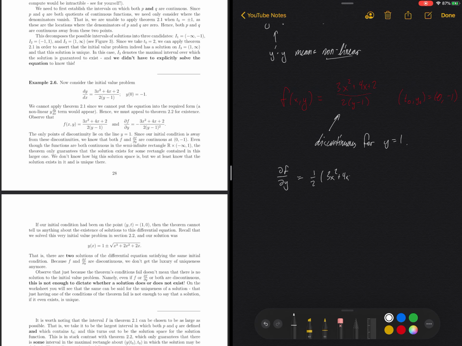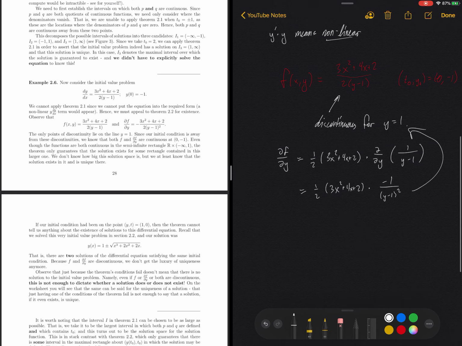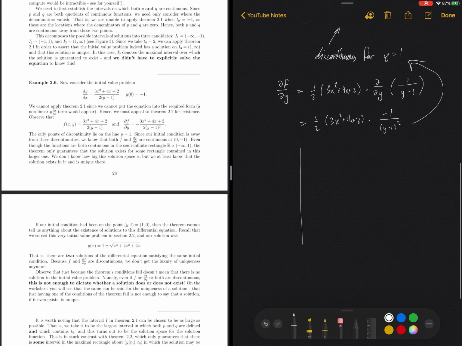And this is where, remember, we're treating the x, or the independent variable, as a constant here. So it's 1/2, that'll be (3x² + 4x + 2), times the derivative of 1 over (y − 1), right? I'm treating every other bit of this expression as a constant. And I can go ahead and differentiate 1 over (y − 1). That's a power rule, no problem. (3x² + 4x + 2) times −1 over (y − 1) squared.